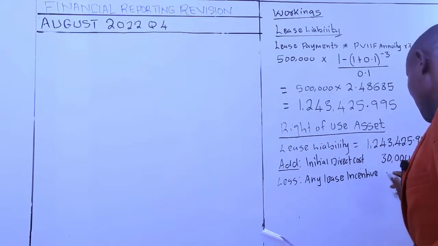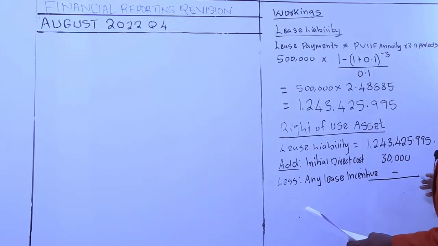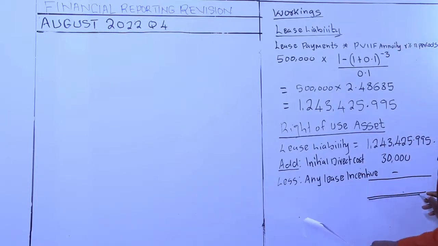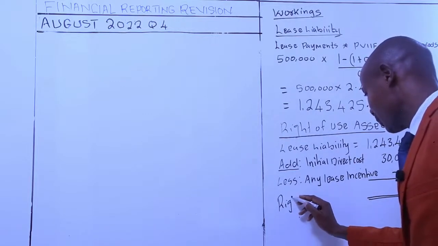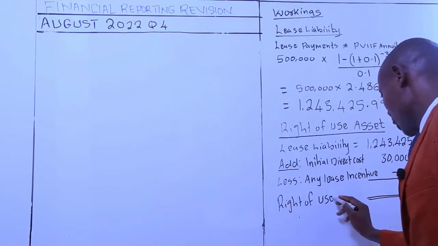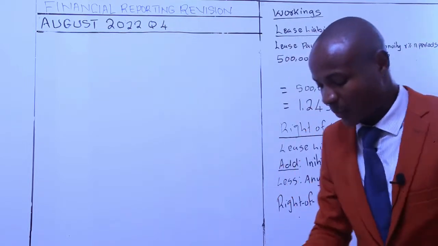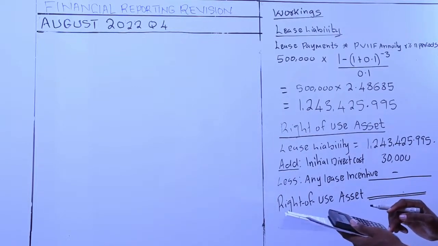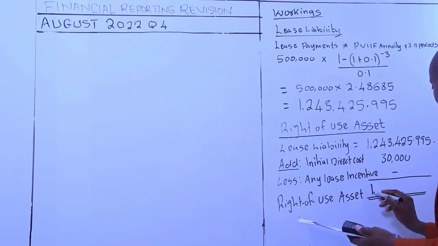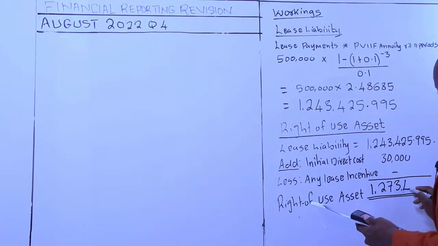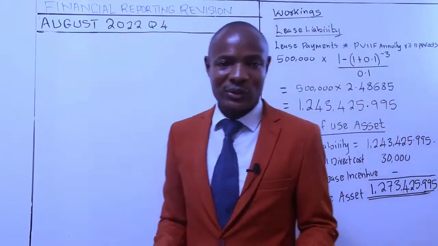This one is nil, so we are not given any lease incentive. Then this will be the cost of the right of use asset. Now the right of use asset will be what you have plus 30,000, and your right of use asset is 1,273,425.995. That is the value of our right of use asset.